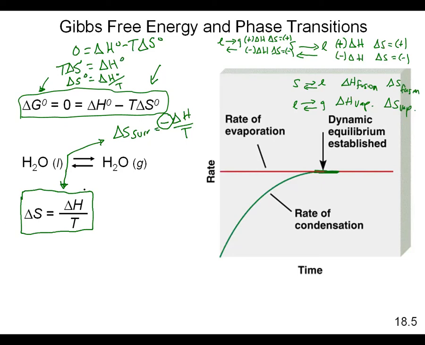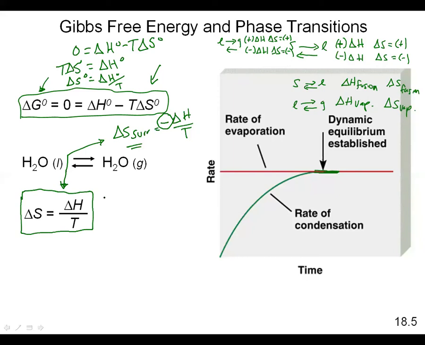We want to use the one in the box on the screen for a situation where we're doing a phase change and we want to calculate something like the entropy of fusion or the entropy of vaporization. We want to use the one with the negative when we're trying to calculate the entropy of the surroundings. So again, don't confuse these two. People always want to put negatives here and not negatives there.